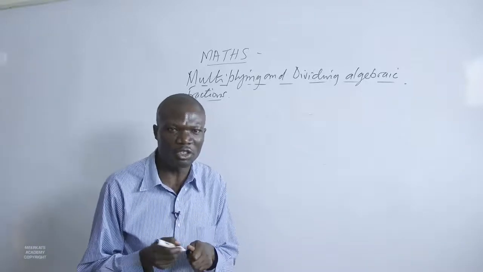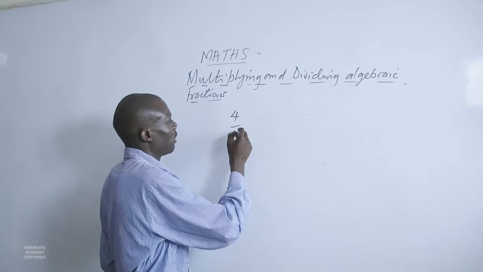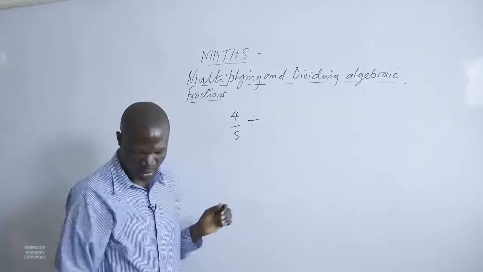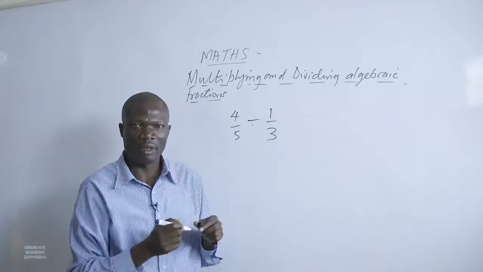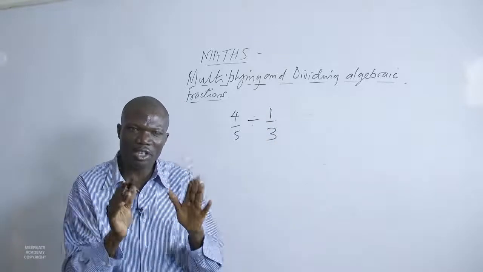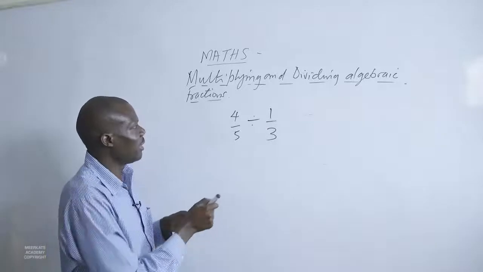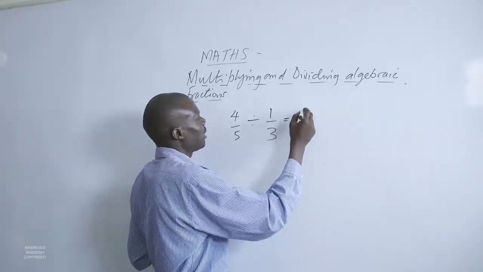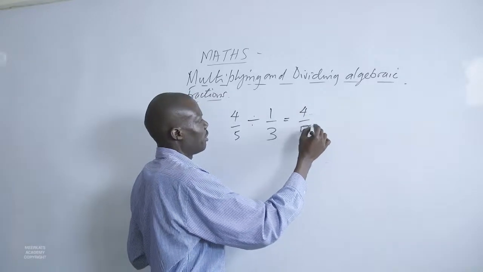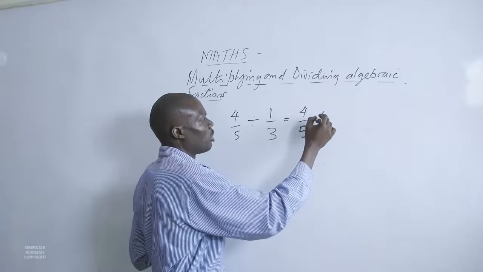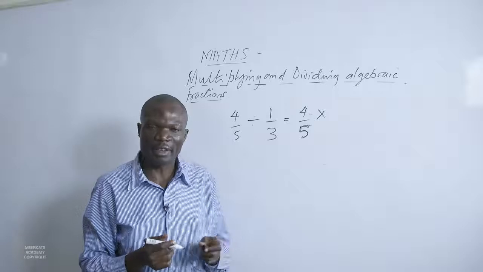In normal fractions, if you are given a number like 4 over 5 divided by 1 over 3, if you are dealing with ordinary fractions, which are not algebraic fractions, this is the same as taking 4 over 5 multiplied by the reciprocal of a third.